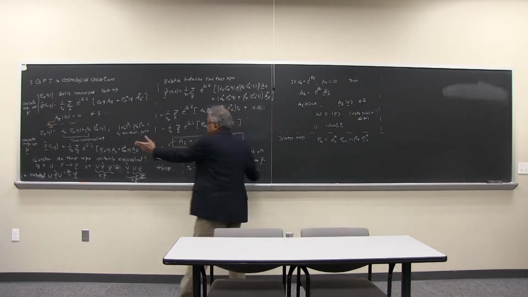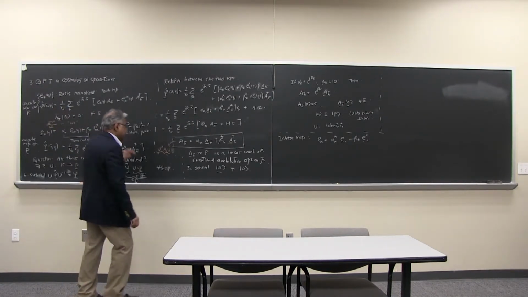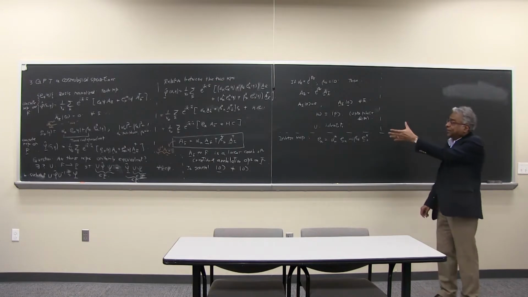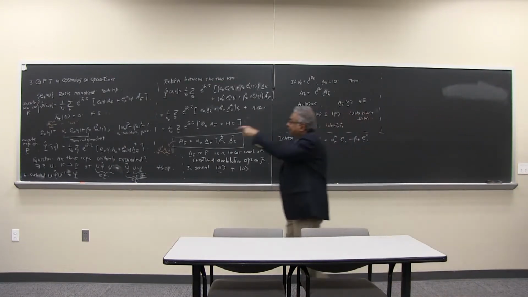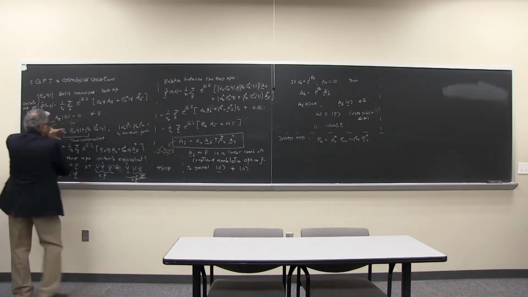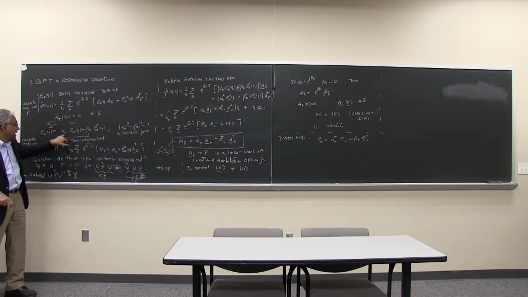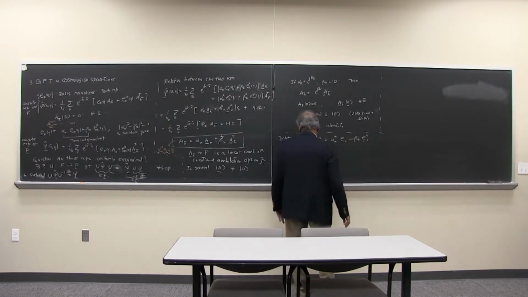You can just substitute and check that this is an identity, and you have to use this normalization condition critically. Or, if you like, E_k and E_k star you can think of as a column vector, and alpha and beta form a 2 by 2 matrix, and so you just invert that 2 by 2 matrix, and you get that.